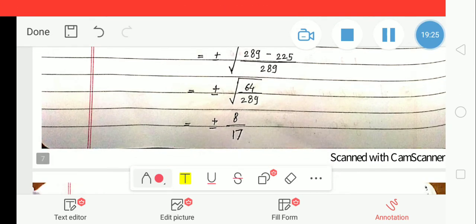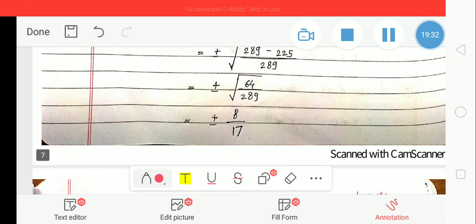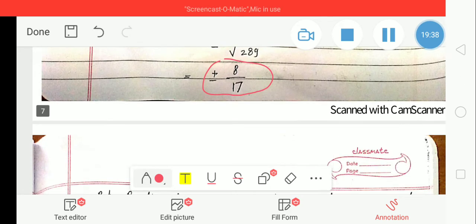So 8 raised to 2 is equal to 64 and 17 raised to 2 means 289. So under root gets cancelled, 8 divided by 17, plus minus 8 divided by 17.